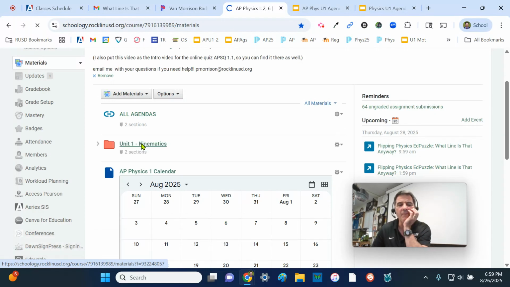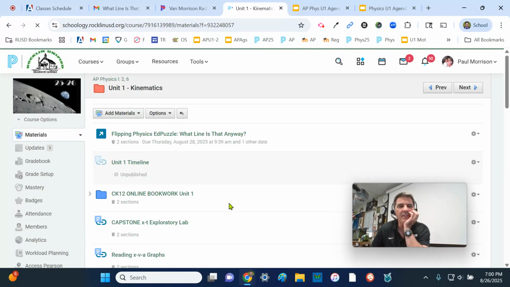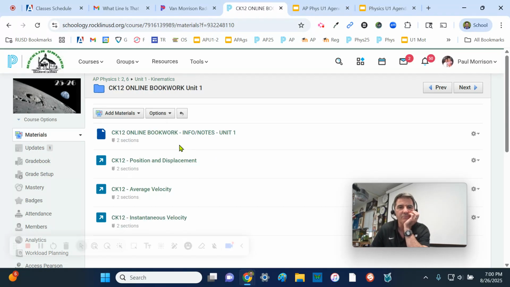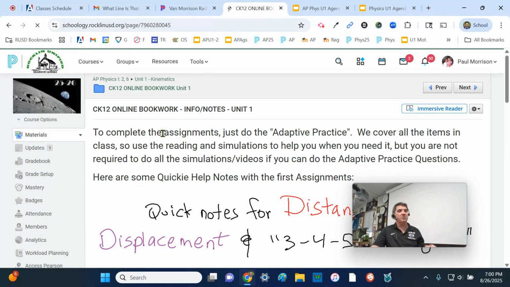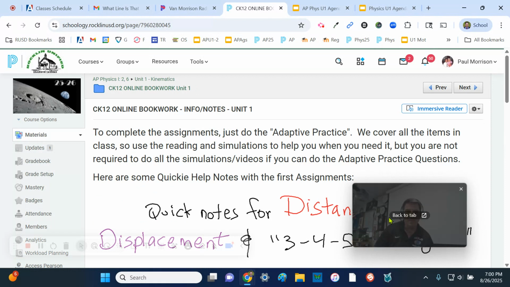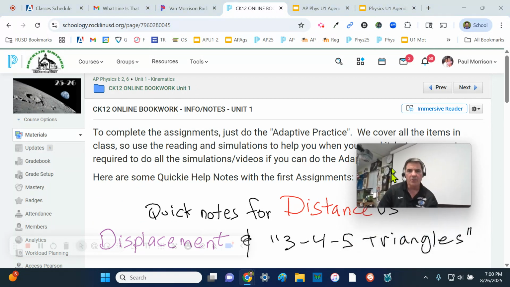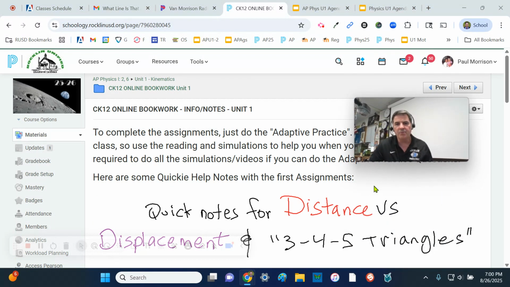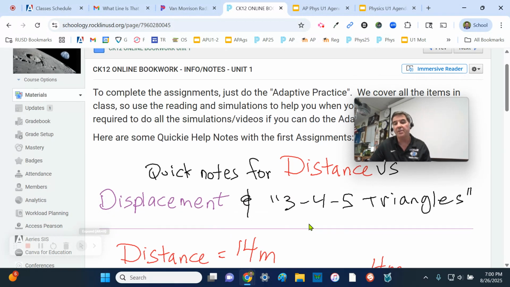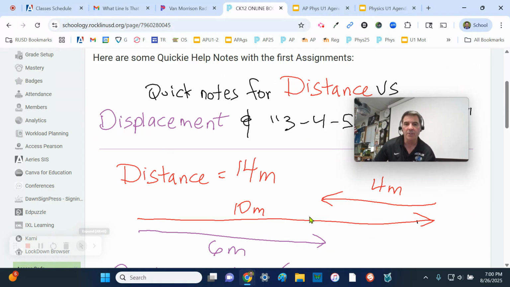It's in kinematics, and if you look in kinematics, it has this online bookwork. You open this up, and this is info and notes. It's going to say you're going to do this, and here are some quick notes for distance versus displacement and 3, 4, 5 triangles, if they give you one of those. These are vectors, and a vector shows you magnitude and direction.